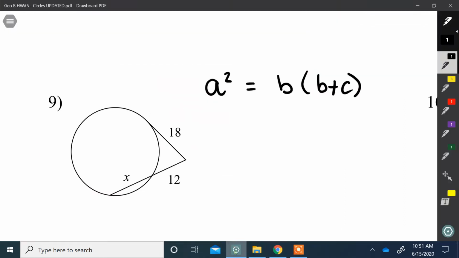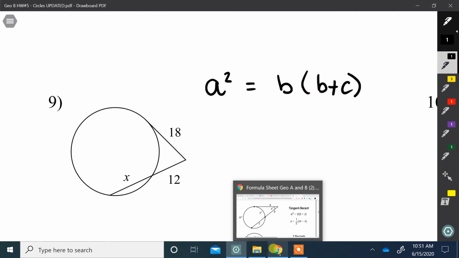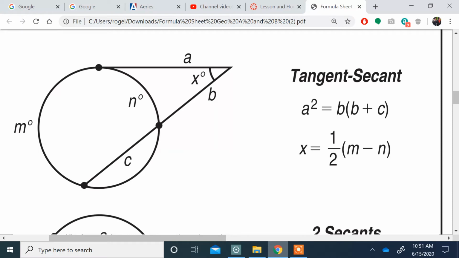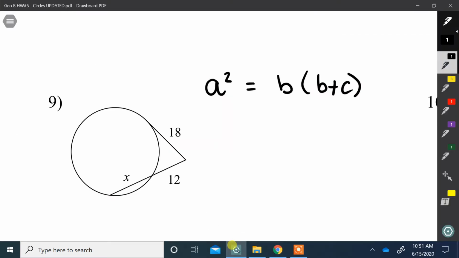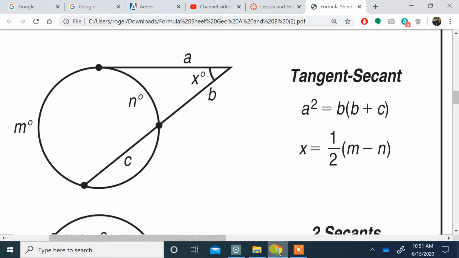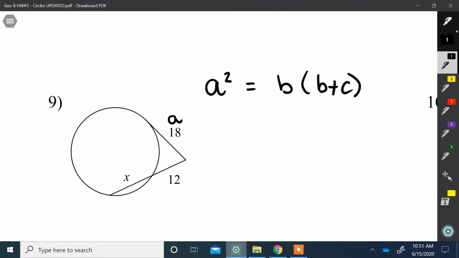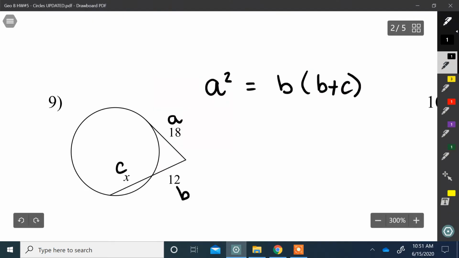Go back to my formula here. What is the a? Well, the a seems to be the one by itself. So this is the a. And then inside is the c and the b.